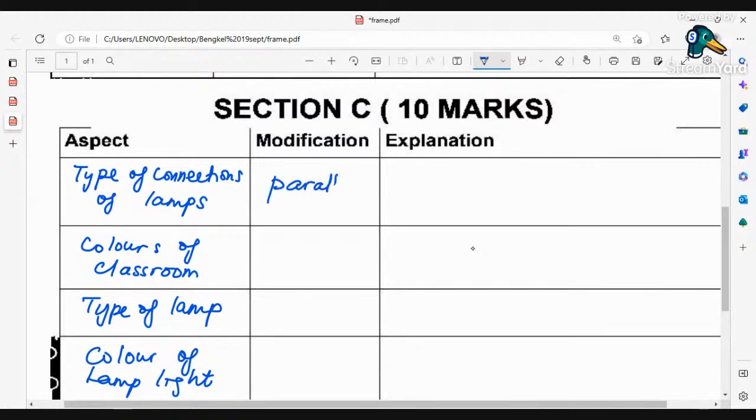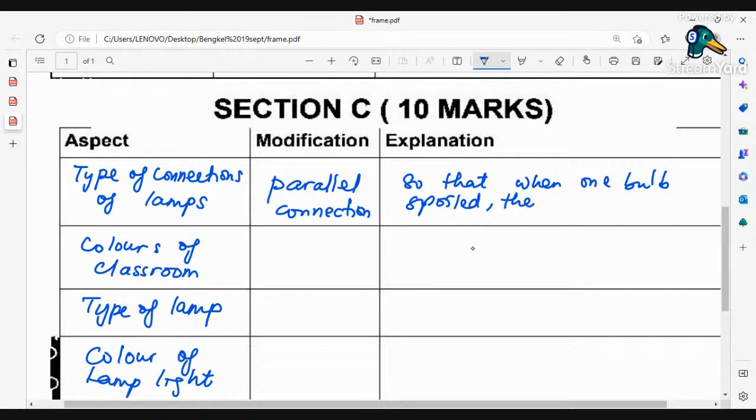Parallel connection, so that when one bulb is spoiled, the other bulb still functions. Okay, if one is broken, the others can still be used.